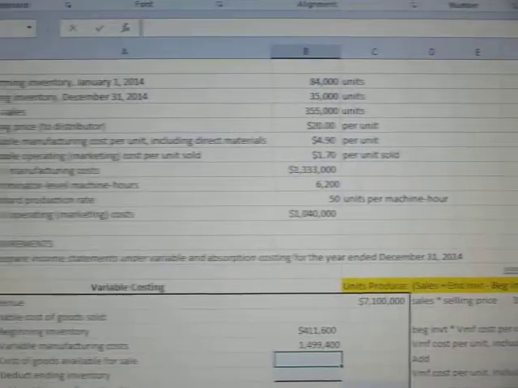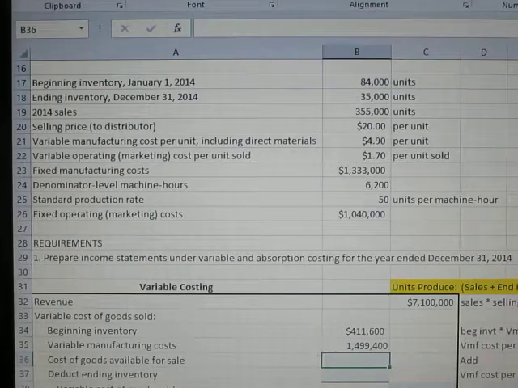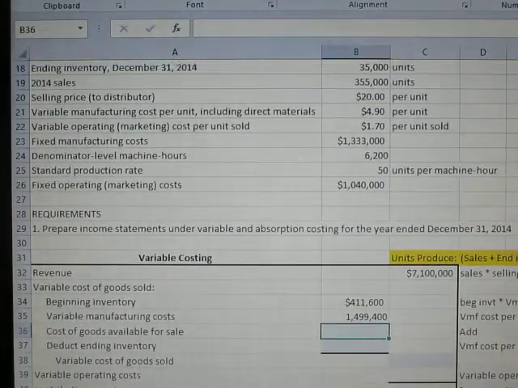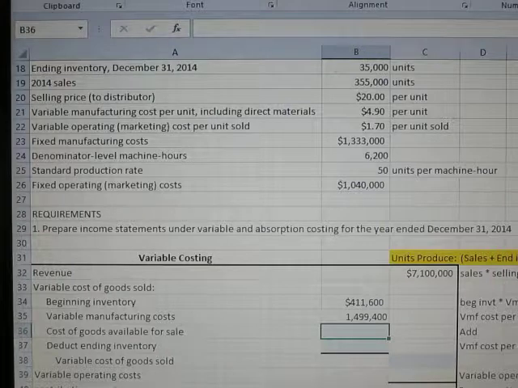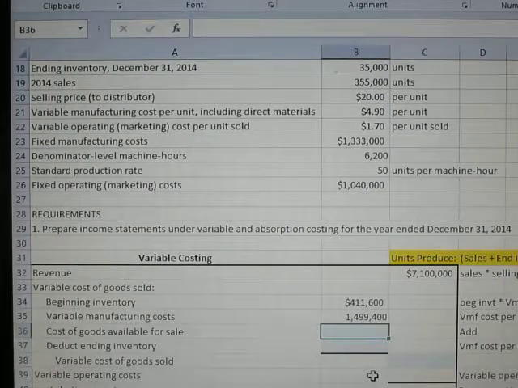Okay, so to calculate the cost of goods sold, just add them together, the beginning and the variable manufacturer cost.